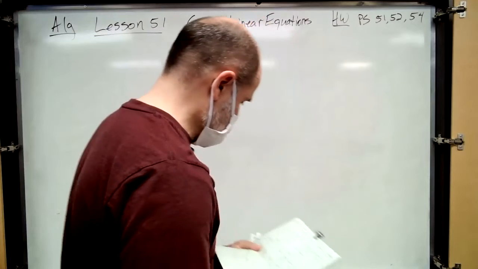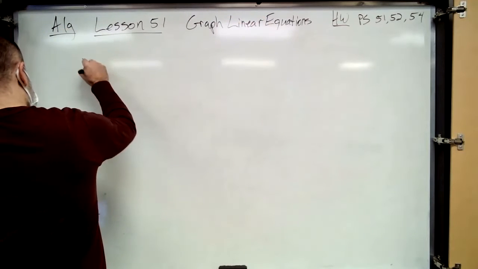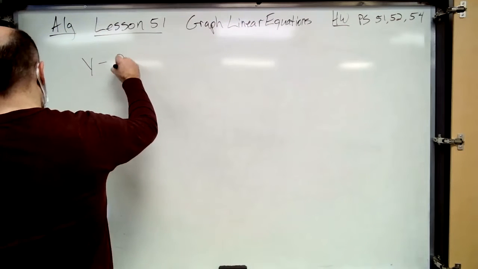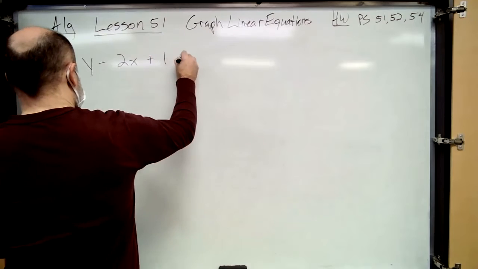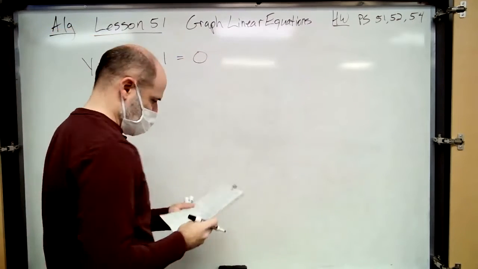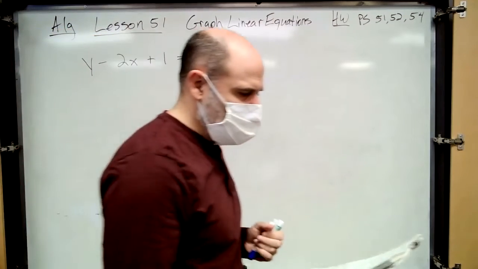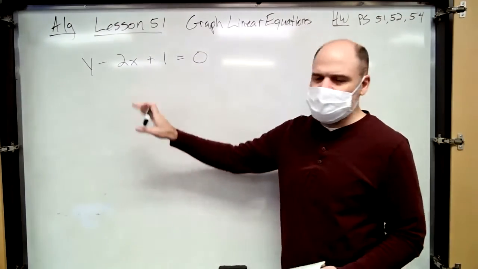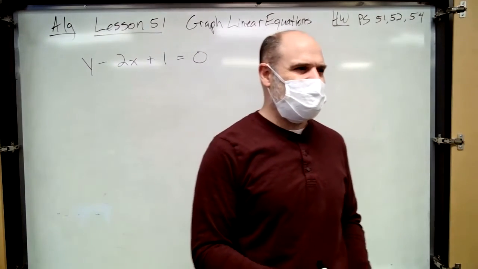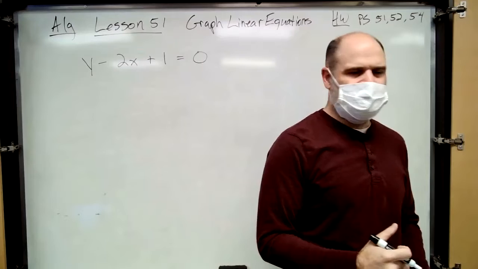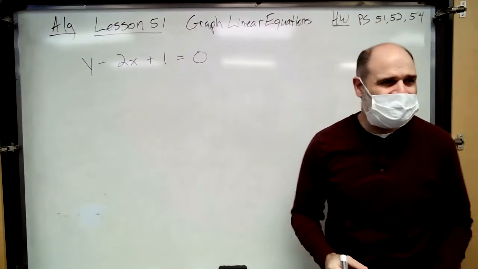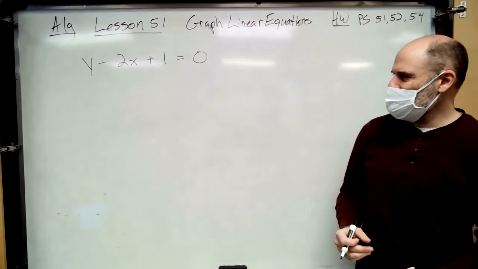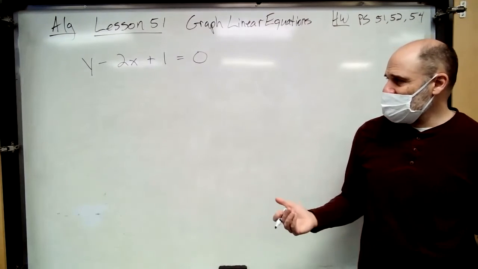We talked about that. So for example, if I have this equation, y minus 2x plus 1 equals 0, okay? Well, first of all, whenever you have variables on both sides, it's hard to think of solutions that would work. I try to think of an XY combination that would make this work. You can.